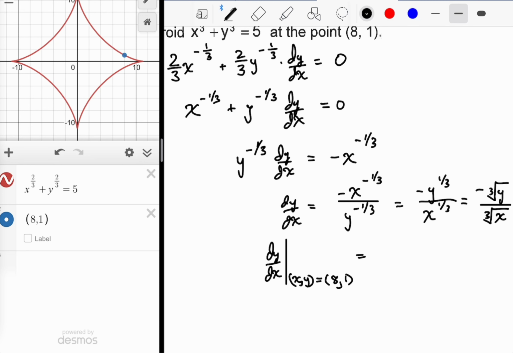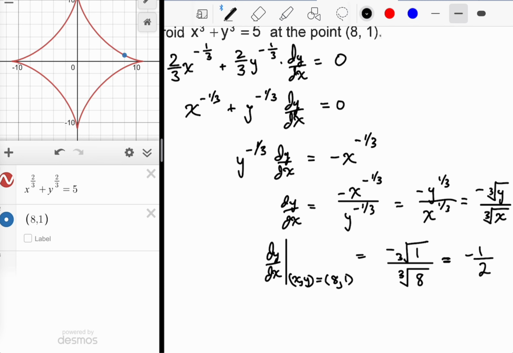If you have it in this form, it's kind of nice, because that's saying the cube root of 1 negated over the cube root of 8. But if you put it in the calculator, it'll do it just as well. So in every case, cube root of 1 is 1, cube root of 8 is 2. So negative 1/2 would be my slope.